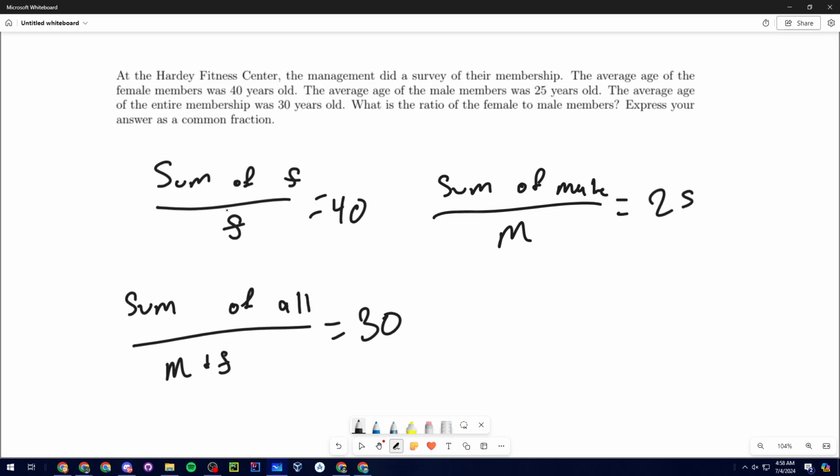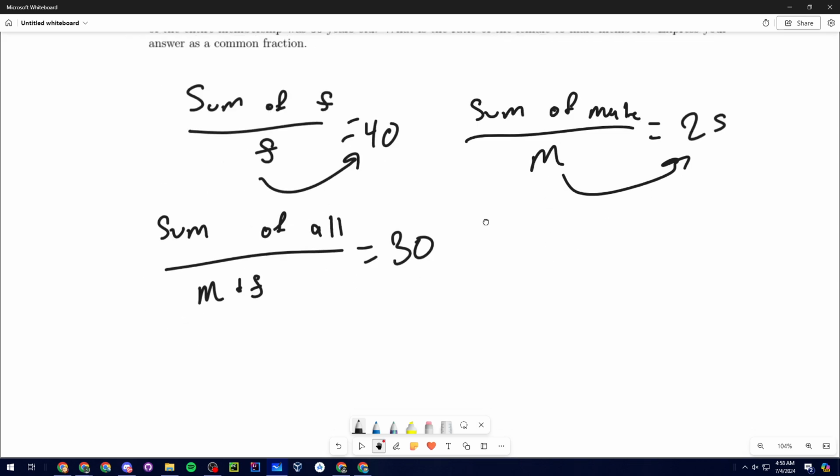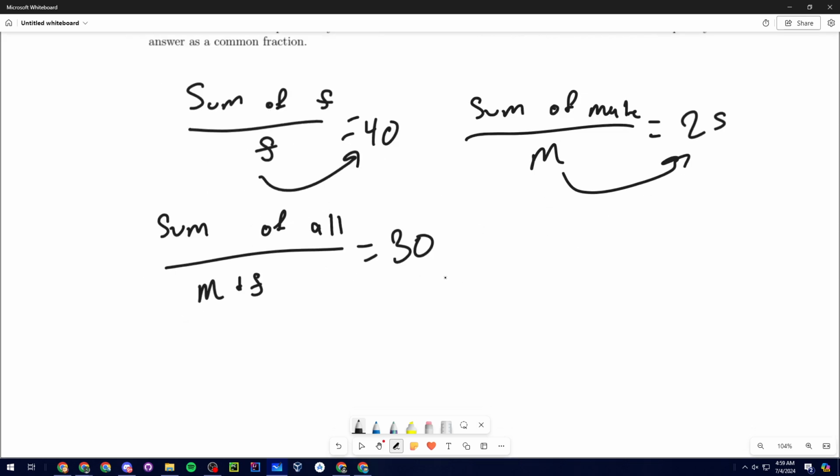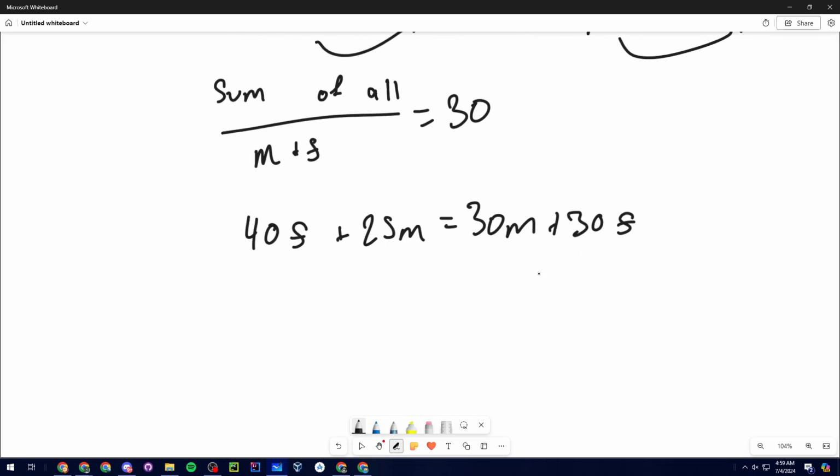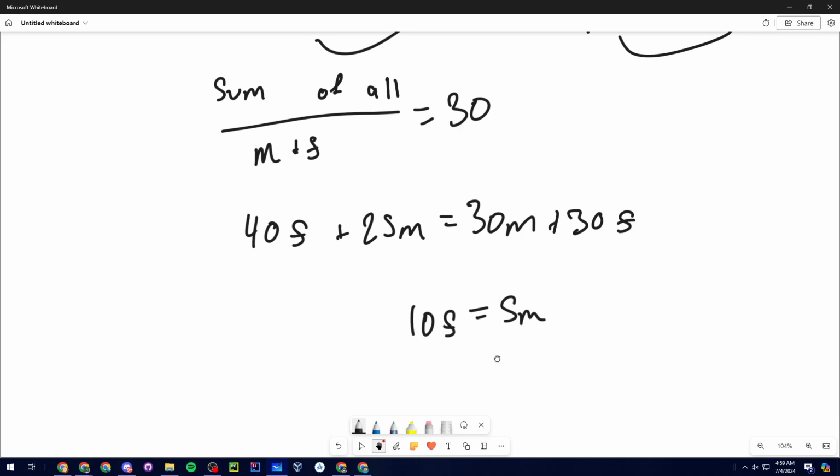And how does this help? Because if we multiply this over here and that over there, you'll get the sum of the females and the sum of the males. We don't know those numbers, they're just other unknown variables. So I have 40F plus 25M is equal to, cross multiplying it out, 30M plus 30F. Now this is pretty easy, because combining like terms gives you the ratio.